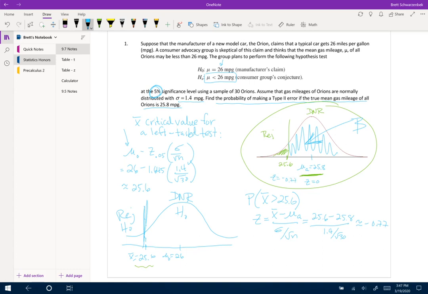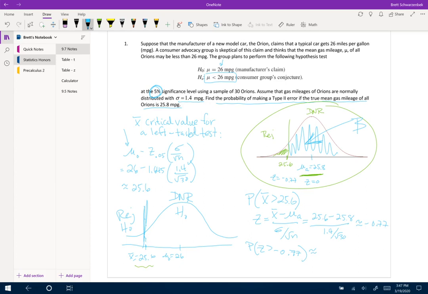So we need to find the area above negative 0.77, and we will have the result of our problem. So how do we do that? Well, the probability of z being greater than negative 0.77 is found by either using the z table or using normal PDF.